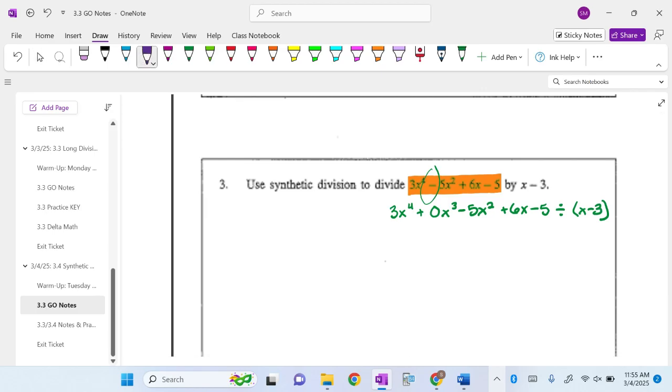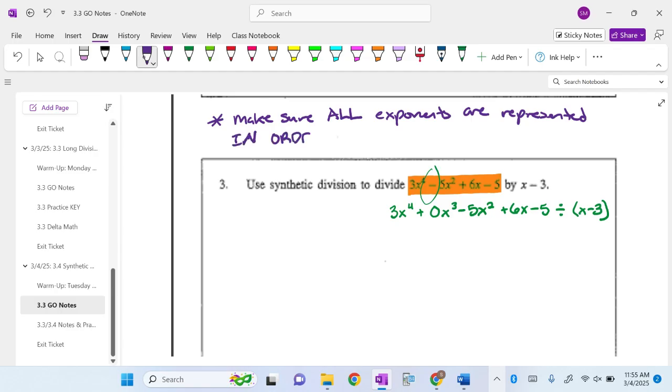So I would make a note at the top to make sure all exponents are represented in order, from greatest to least.